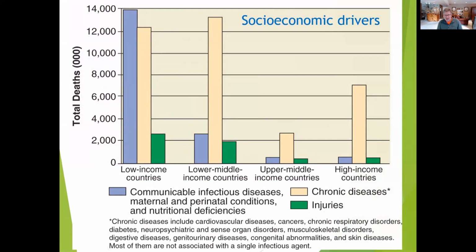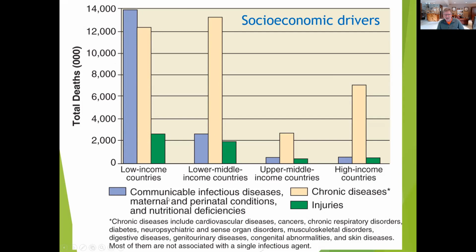Not surprisingly, the low-income countries have higher mortality rates across the board, whether it's communicable, chronic, or injuries. With communicable disease transmission falling as we go from low to high income, that's certainly not surprising.